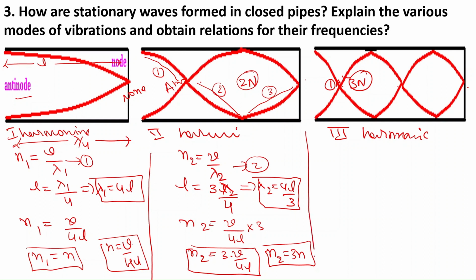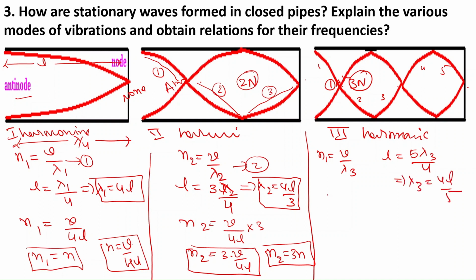Now coming to the third harmonic. See, in the third harmonic how many lambda by 4s are there? 1, 2, 3, 4, 5 lambda by 4s are there. So N3 is equal to V by lambda 3, but the length L contains 5 lambda 3 by 4. This implies lambda 3 is equal to 4L by 5.